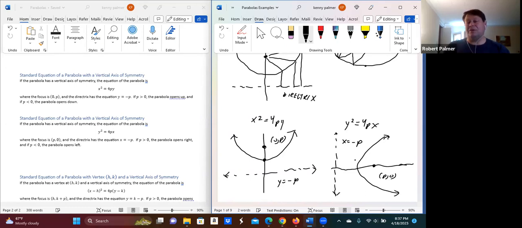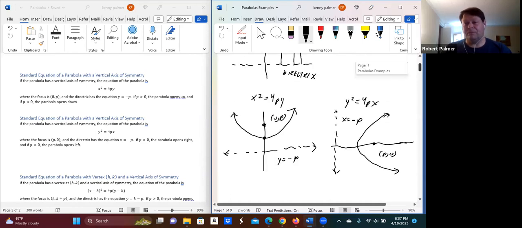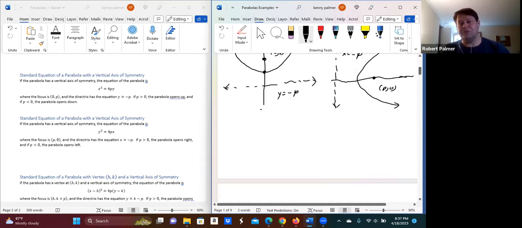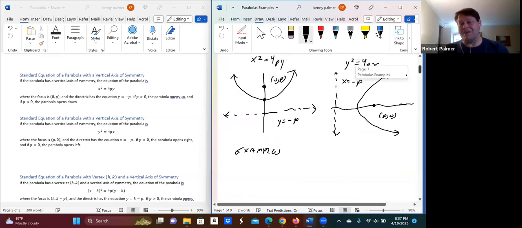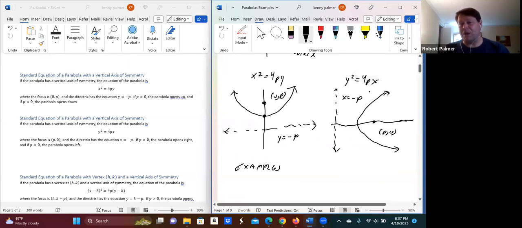So it's basically symmetric to that. Those are our basic equations for a parabola. Also, in a similar way, if p is positive, this parabola opens to the right. If p is negative, it opens to the left.